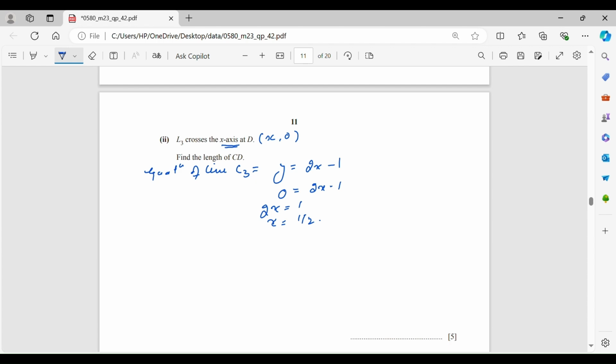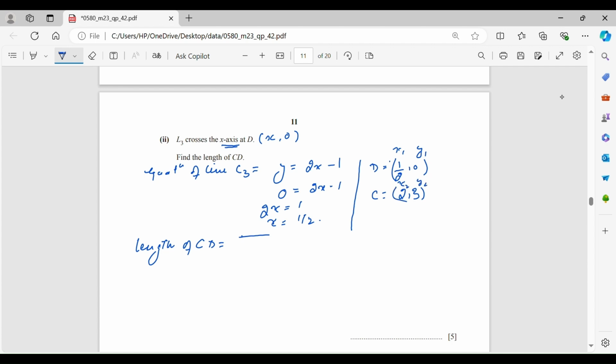So the coordinate point of D is 1 by 2 and 0, and C is 2 and 3. It's already given. Now the length of CD: let this be x1, y1 and this be x2, y2.